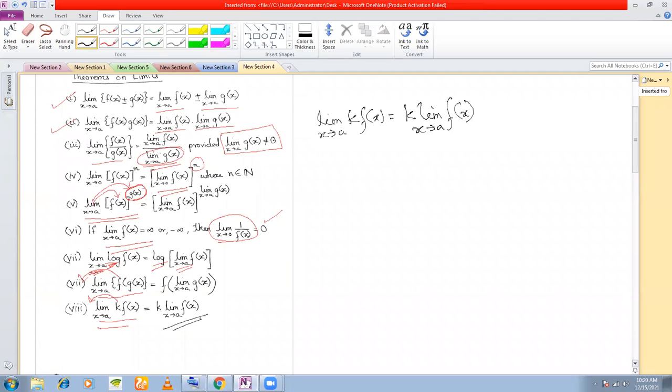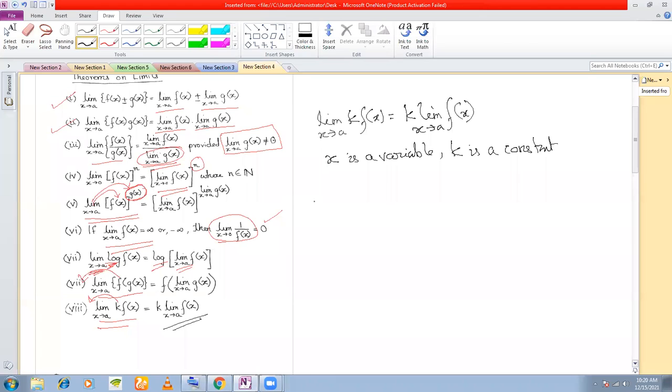Now remember that in calculus there are certain standard notations. x here is a variable, and k is called a constant. There are certain standard notations that we use in calculus for variables and constants. Even if nothing is given, from the notation itself we understand that it is a constant.